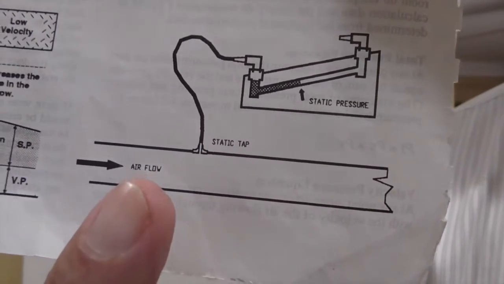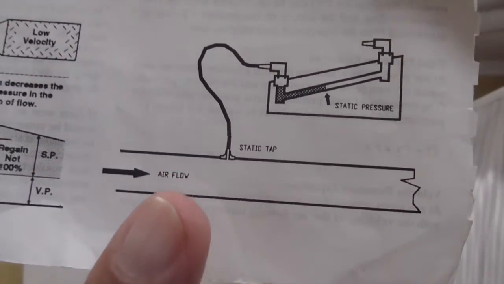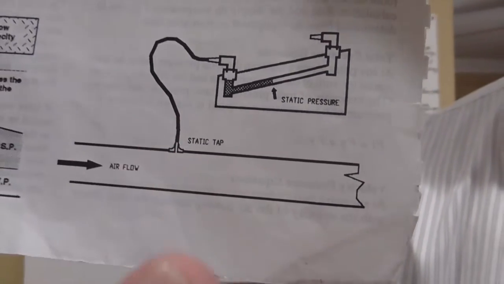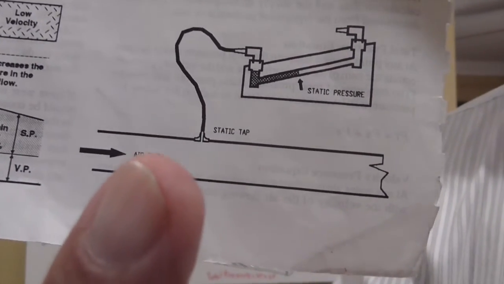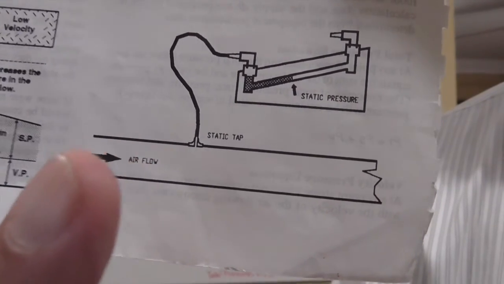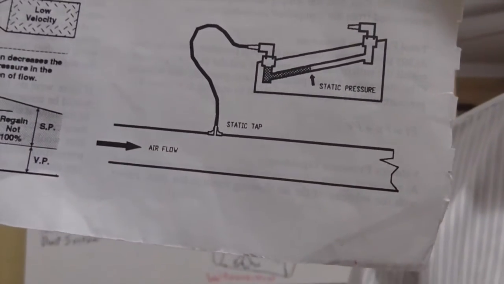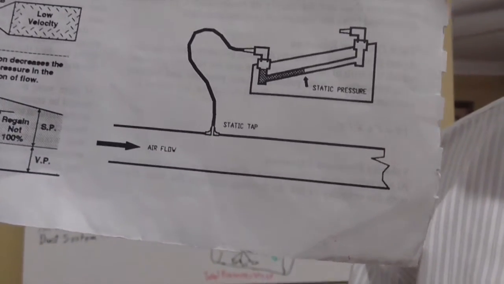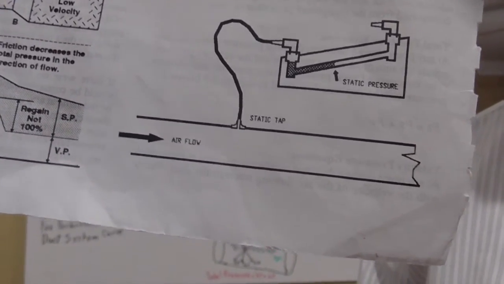You drill a hole in the skin of the duct, plug the pitot tube into the manometer, stick one leg of the pitot tube into the skin of the duct, and then you take the reading on the manometer. That's your static pressure.